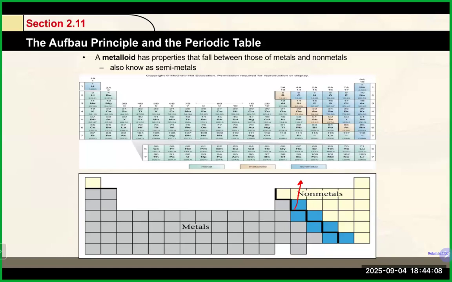It makes sense given where they're located, because as you go from metals to non-metals, those are the guys that bridge the metals to the non-metals. So they do have some characteristics that fall on both sides. Like I said, some books will include boron in that, and most of the time we treat boron more like a non-metal, but sometimes they will include it, and that's a staircase coming down.